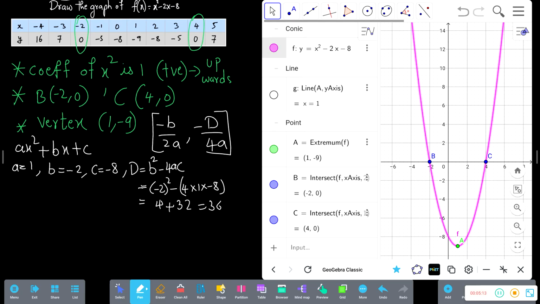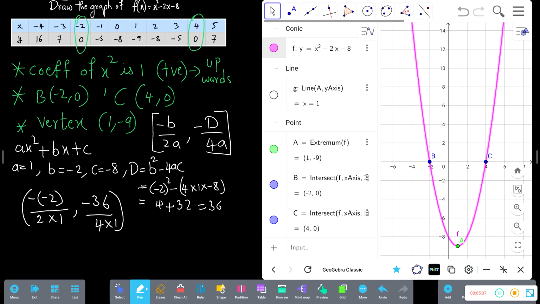Now we will find the vertex. So minus b by 2a: minus b is again minus minus 2, by 2a, 2 into 1. Minus d is minus 36, by 4a, 4 into 1.